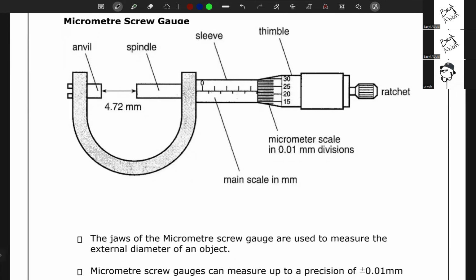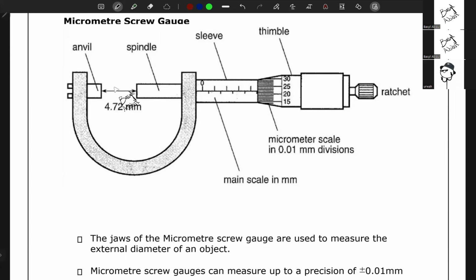But similarly, you also have this thing called a micrometer screw gauge, and it's also a measuring instrument. It has a main scale, which is this one, and a thimble scale, which is this one. The micrometer screw gauge is used to measure objects which are very small, even smaller than the objects that we can put inside a Vernier caliper.